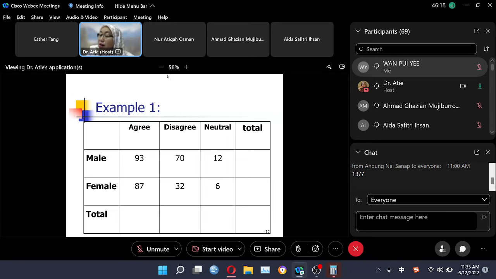Use a 1% significance level. You can see the word dependent there, so we want to check the relationship or association between gender and opinion. Therefore, we need to use the chi-square test. Is everybody okay? Understand or not?